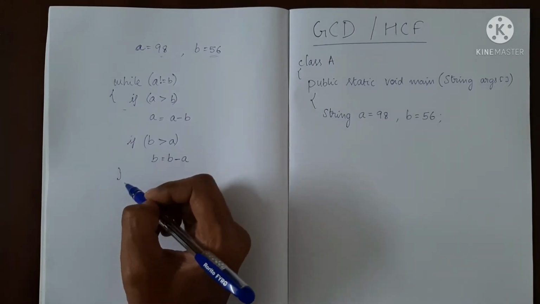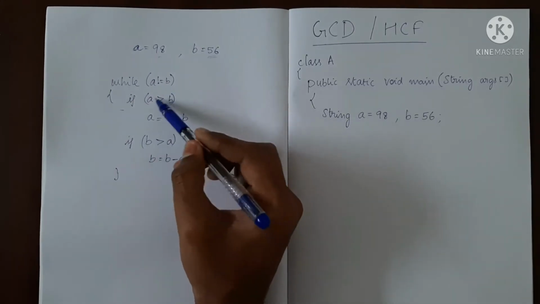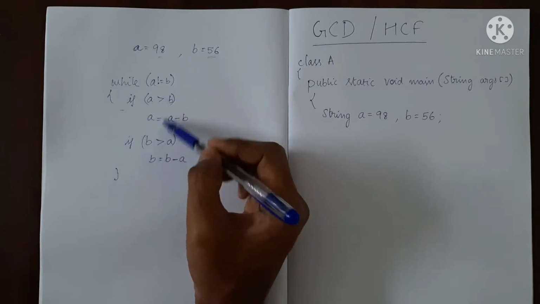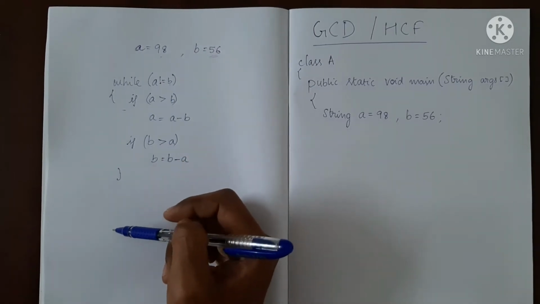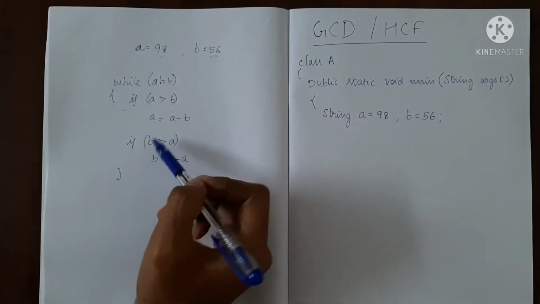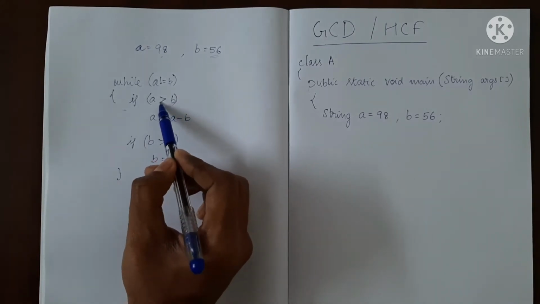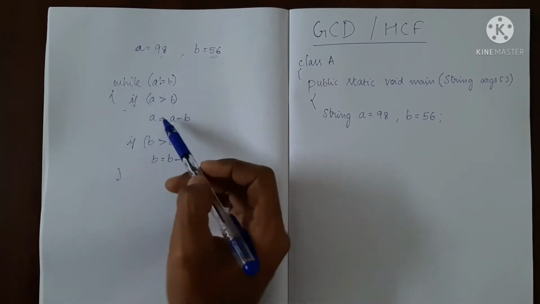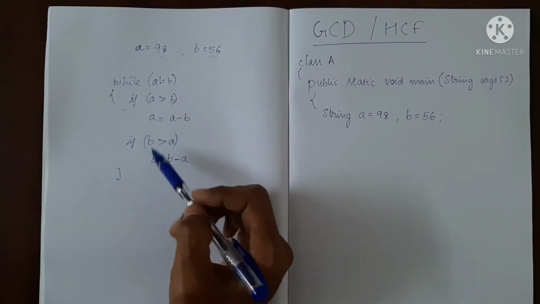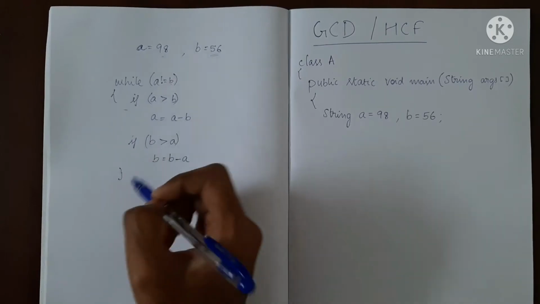I hope you understand. We have to do this until both of them become equal. So when they become equal, we'll come out of the loop. Or in other words, when A and B are not equal, we have to keep on subtracting. When they become equal, we have to come out.